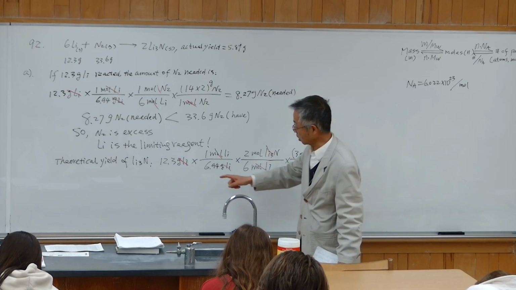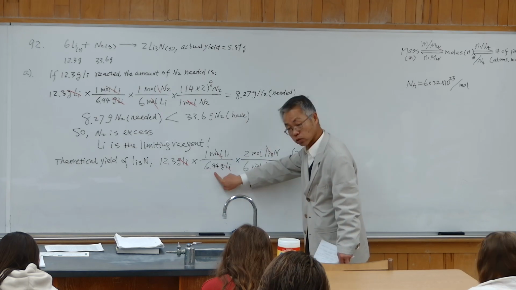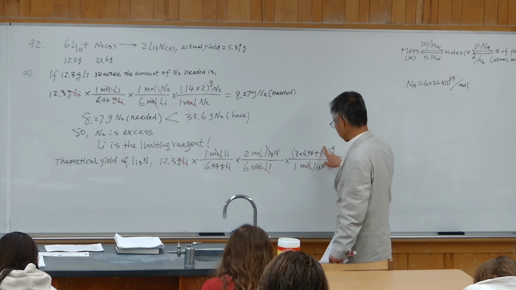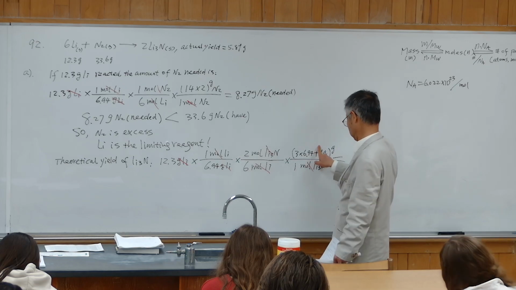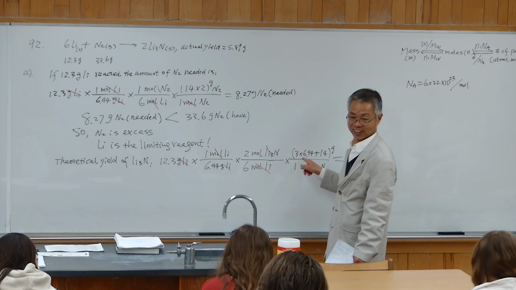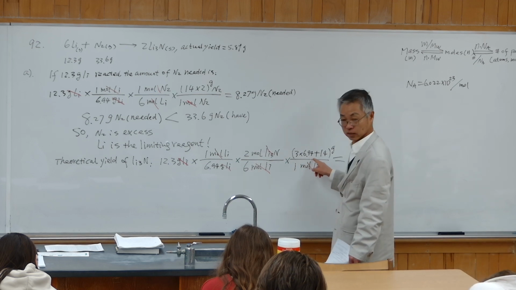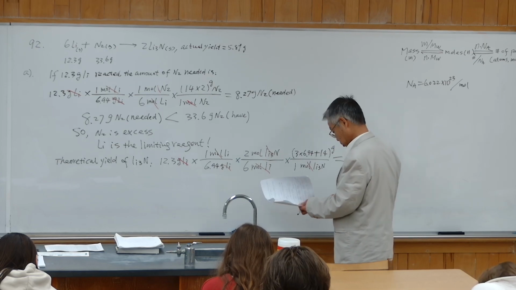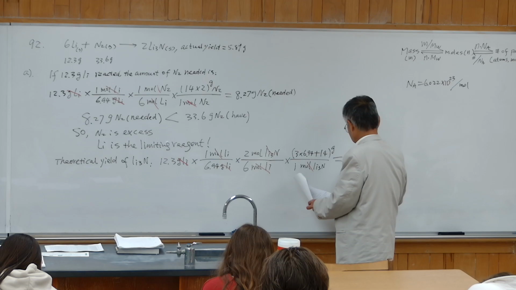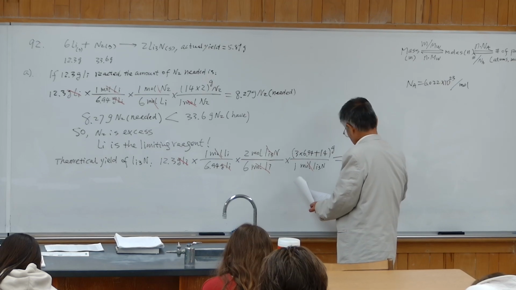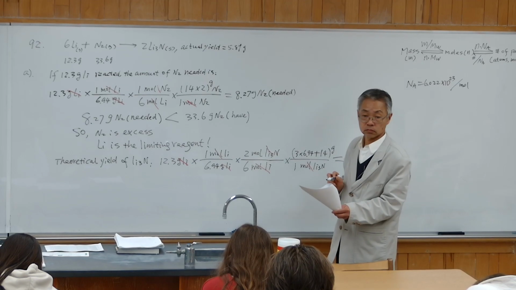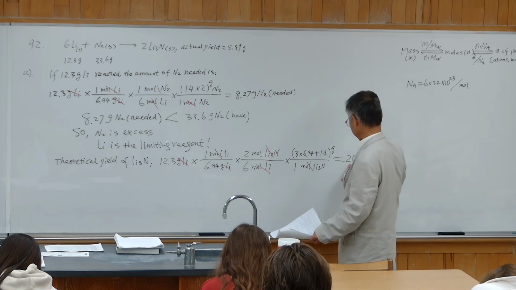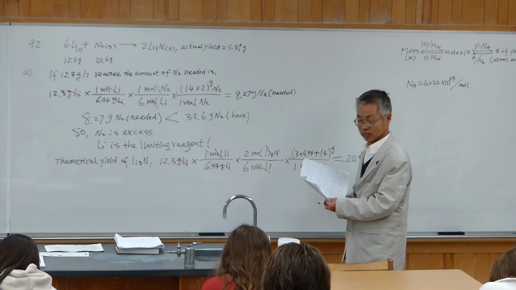Now use your calculator: 12.3 divided by 6.94 times 2 divided by 6, then multiply by this number. You get the theoretical yield of 20.57 gram. So theoretically, if 12.3 gram lithium is reacted, we expect 20.57 gram lithium nitride.